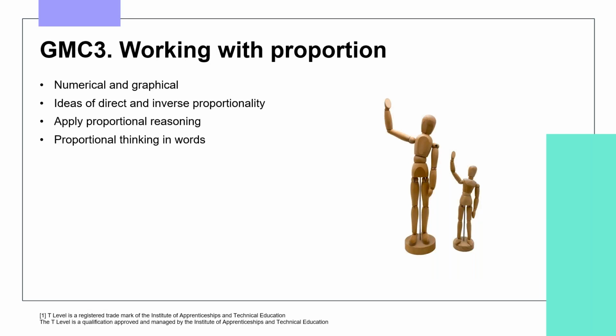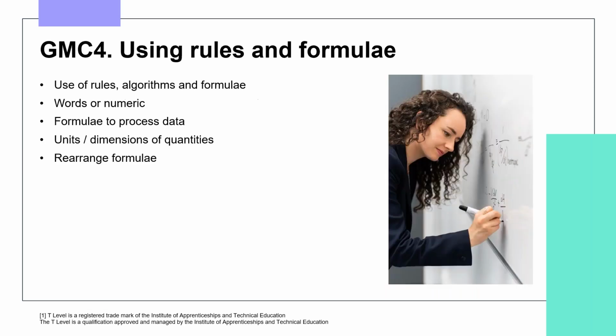Working with proportions can include using numbers, ratios, percentages, etc., but also graphical representations, determining trends and patterns. An understanding of directly proportional and inversely proportional, such as in graphs, numbers, or even just qualitative descriptions. Applying proportionality to make predictions, draw conclusions, etc. Using rules and formulae includes the specific examples that have already been given in the specification.